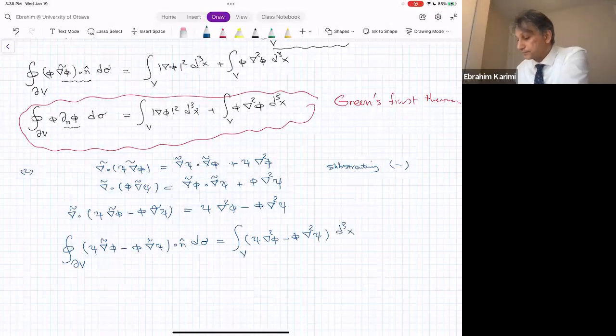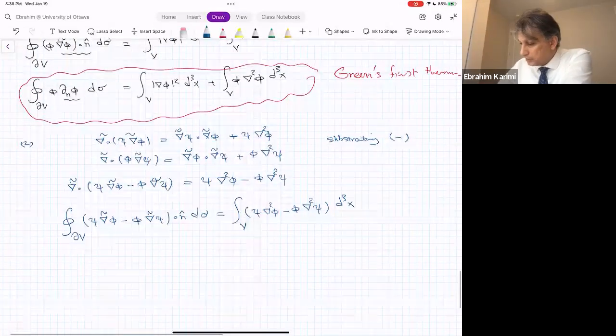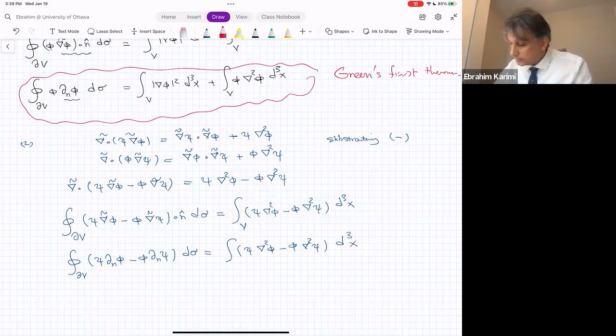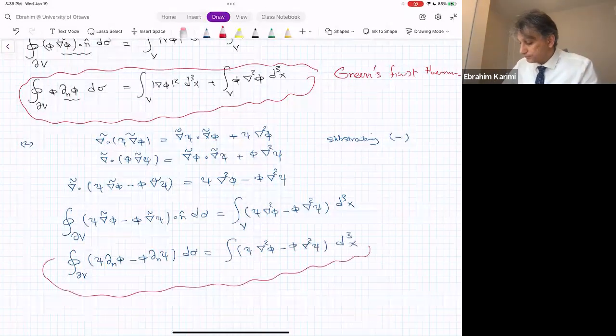That's on the volume, and the other one is on the surface which bounds the volume. Some people write it this way: the integral on the surface of V of psi derivative with respect to n of phi minus phi derivative with respect to n of psi d sigma is equal to the integral of psi Laplacian phi minus phi Laplacian of psi d3x. This is the second Green theorem.